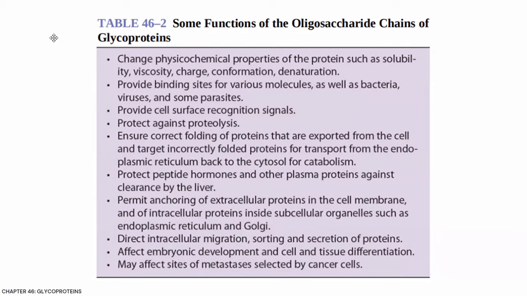So if these oligosaccharides are found in cancer cells on the surface of the cells, then migration can occur. And migration of cancer cells from the nidus or the nest of the cancer cell is known as metastasis. So this is how they metastasize, through the help of the oligosaccharide chains of your glycoproteins.